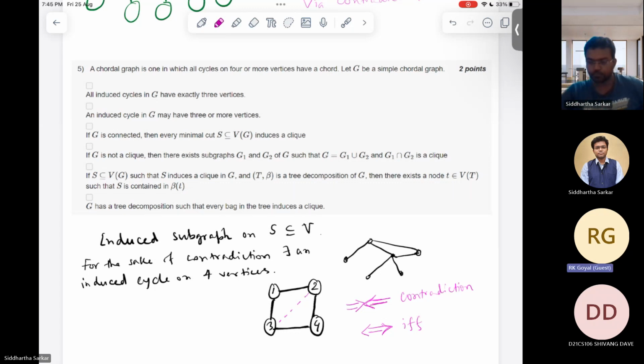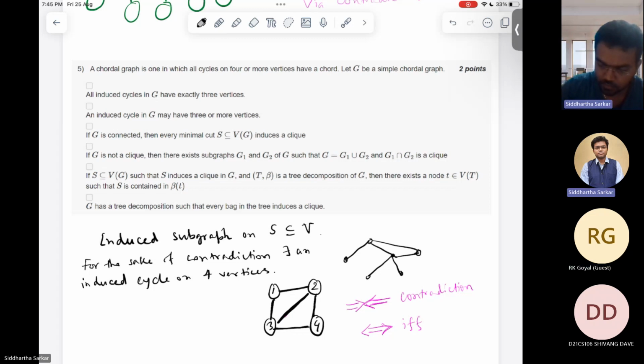Moreover, there has to be an edge between 1 and 4 also, is it? Yes, one of them. As soon as you have drawn this edge, the existence of the 4 cycle without a chord is destroyed. You have triangulated that 4 cycle.